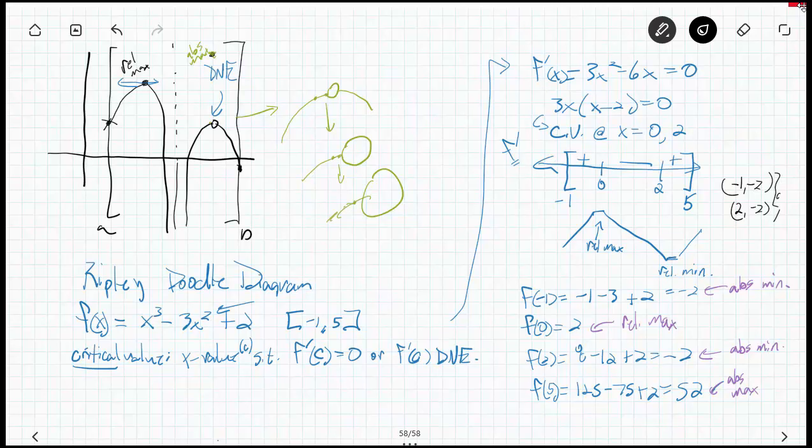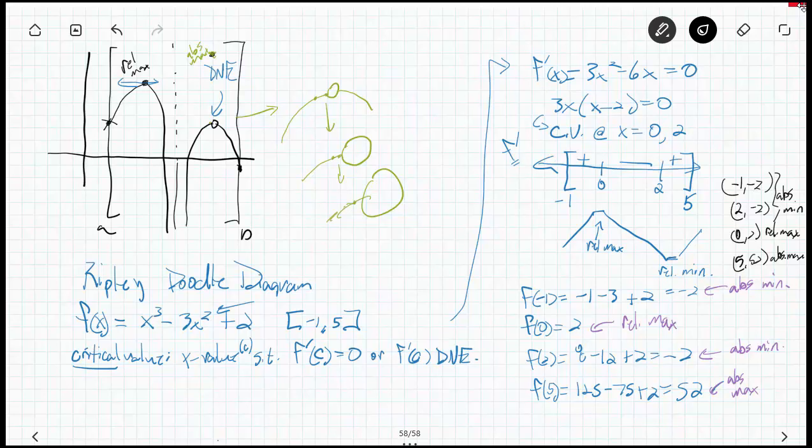These guys are abs mins. And then 0, 2 is a rel max. And then 5, 52 is an abs max. Okay, that's it. So be careful. Make sure that you read the problem and answer the problem correctly.